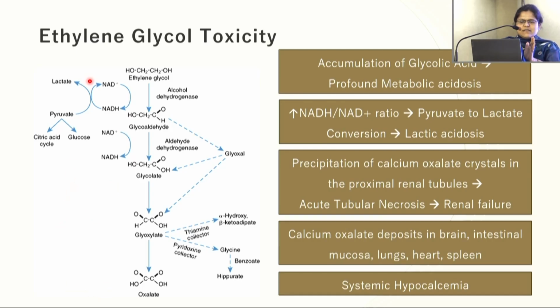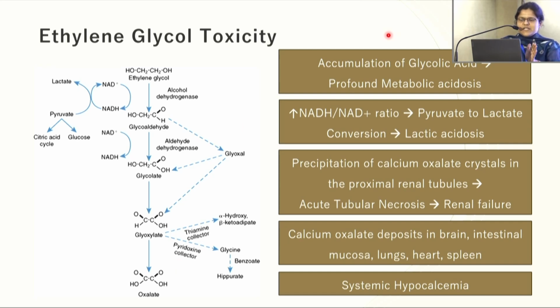Here also there is an increased NADH to NAD plus ratio, resulting in lactate production. Glyoxylic acid has two more metabolites: alpha hydroxy beta keto adipate, where thiamine is the cofactor, and glycine, where pyridoxine is the cofactor.